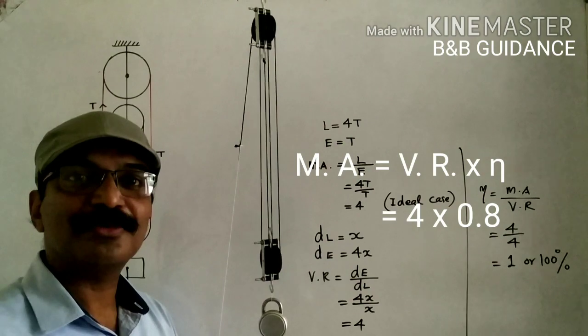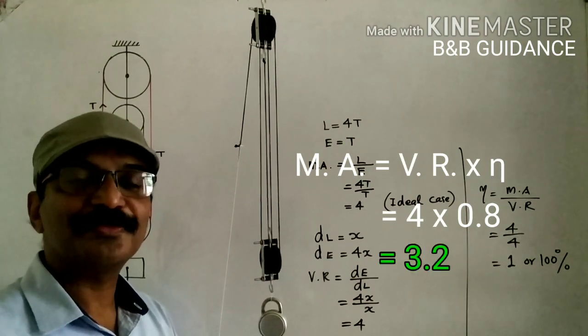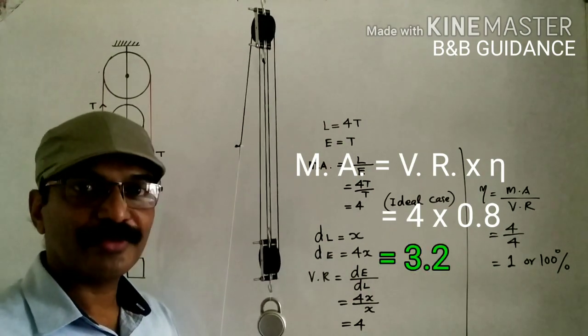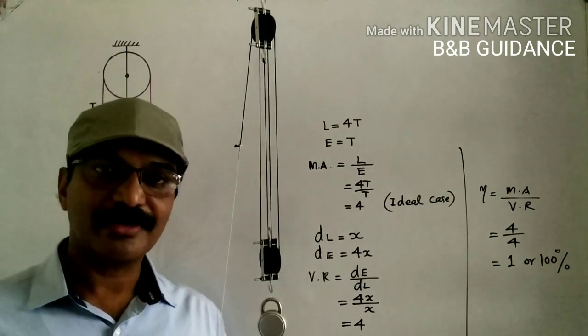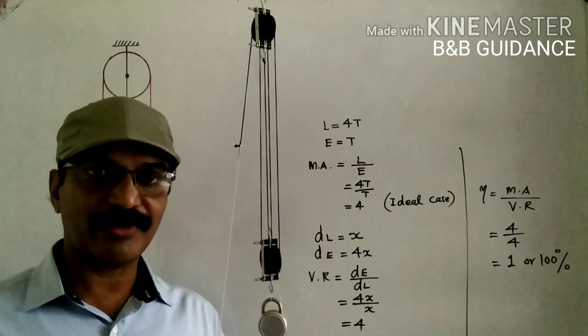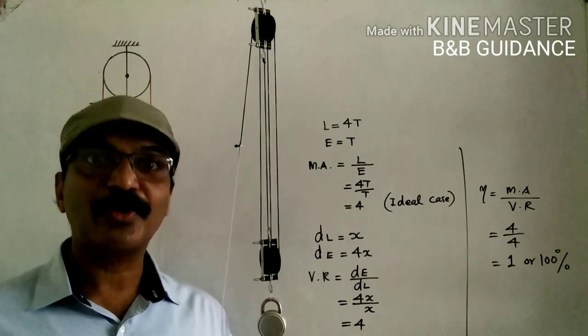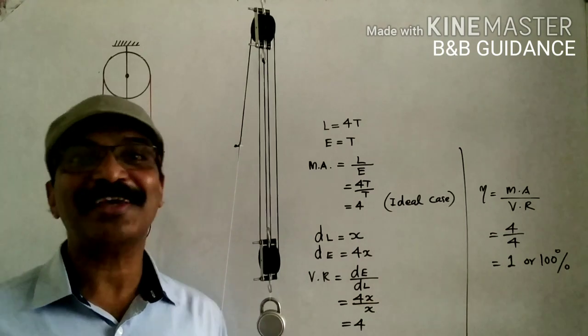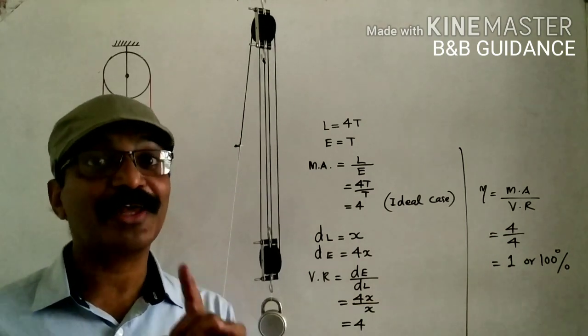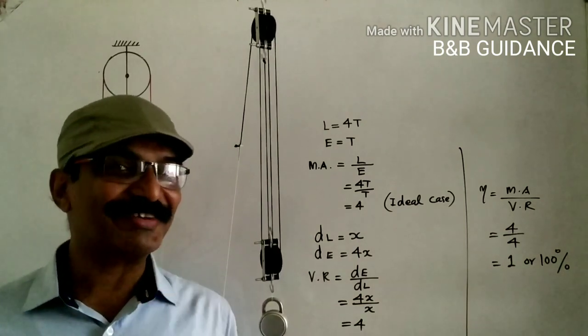That's equal to 3.2. So efficiency decreases. Please remember, among the three terms, efficiency, mechanical advantage and velocity ratio, velocity ratio remains the same. Mechanical advantage and efficiency may change for a machine of a given design.